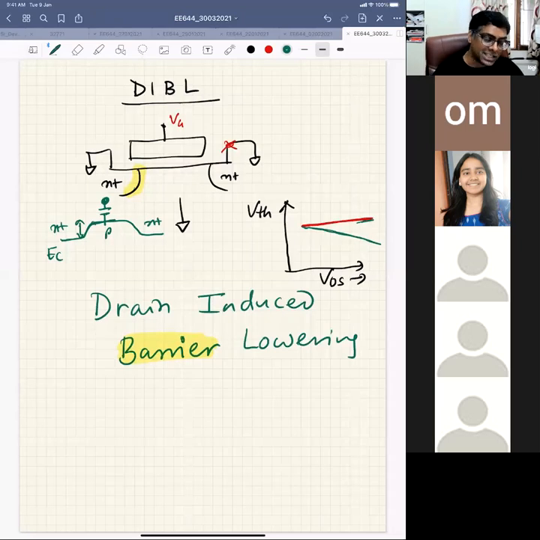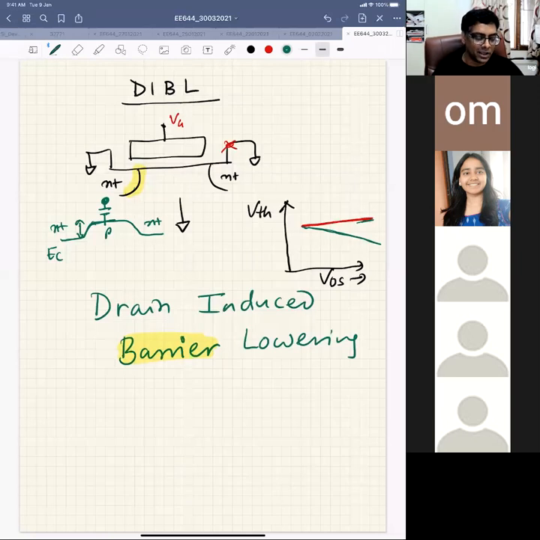But in a very short channel transistor, your drain also controls that barrier, which is an undesirable effect, because we know from the beginning that your MOS transistor is a gate controlled device. Now if the drain starts controlling the device, then it becomes non-ideal.